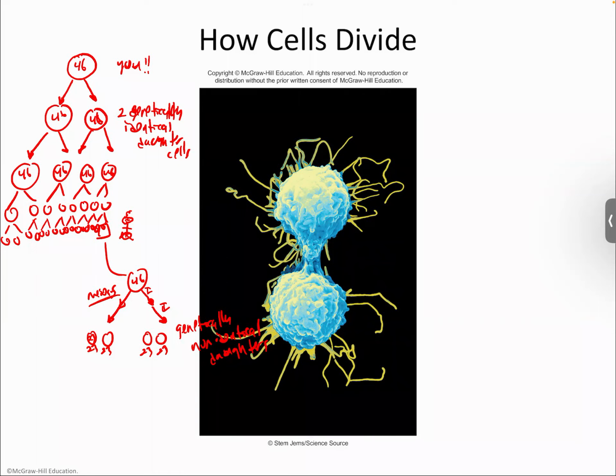So during meiosis, what we do is we get that down to 23. Then when this 23, say from mom, meets 23 from dad, these two will fuse together to give you what? 46. A single cell with 46 in it.